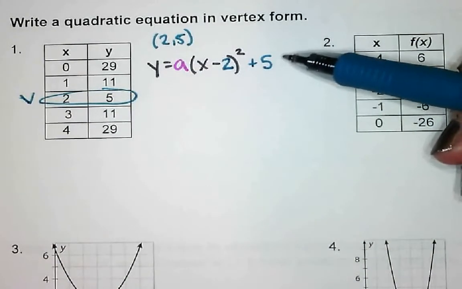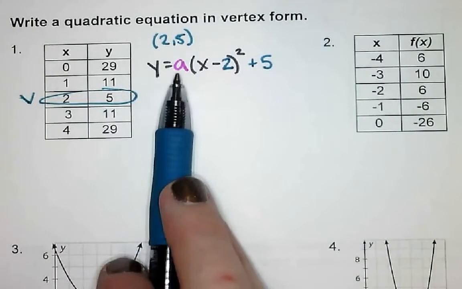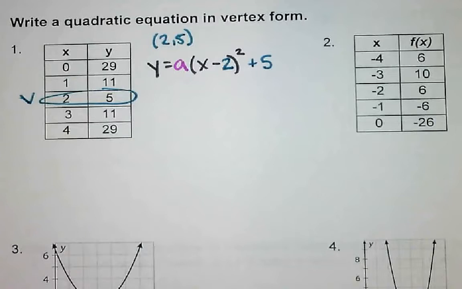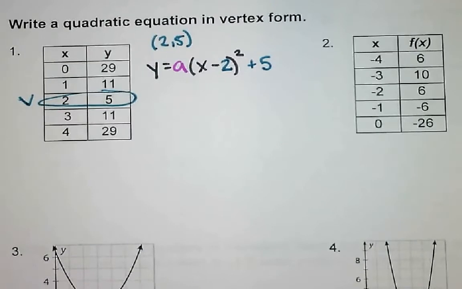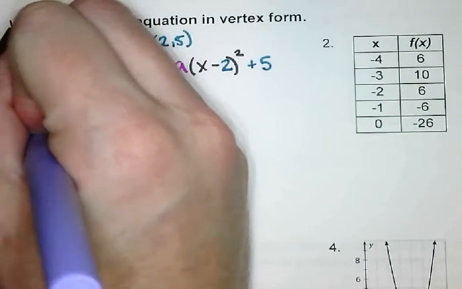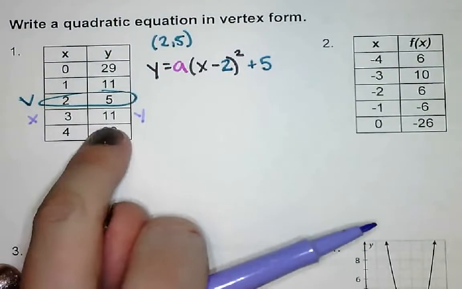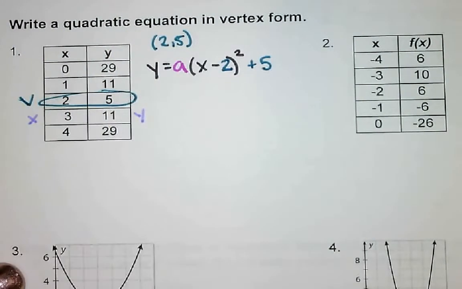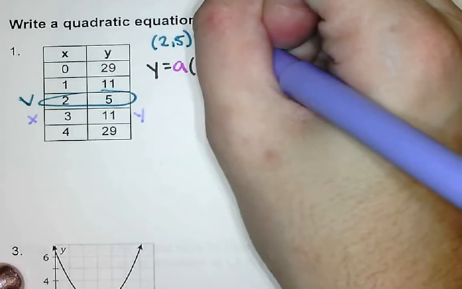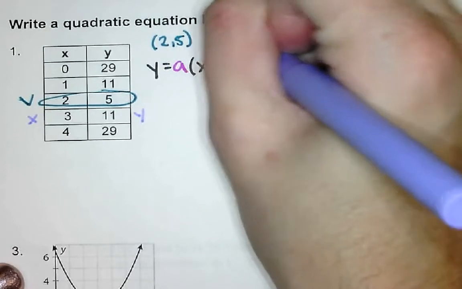We almost have our vertex form, but we don't know what the a value is. So what we have to do is pick another point, and I recommend picking one that is right next to your vertex on either side. So I'm going to pick the point 3, 11.